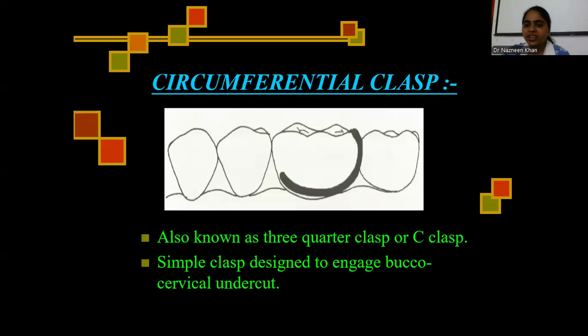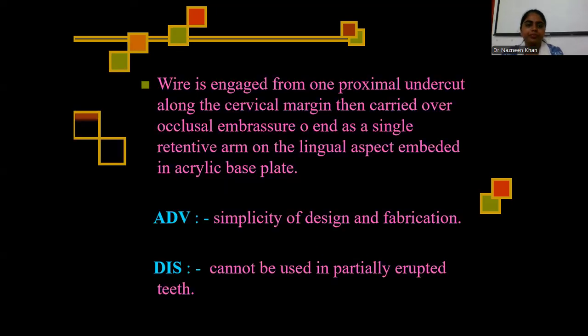The circumferential clasp is also known as the three-quarter clasp or C clasp. It is a simple clasp designed to engage buccocervical undercuts. The wire is engaged from one proximal undercut along the cervical margin, then carried over the occlusal embrasure as a single retentive arm on the lingual aspect, embedded in an acrylic base plate.